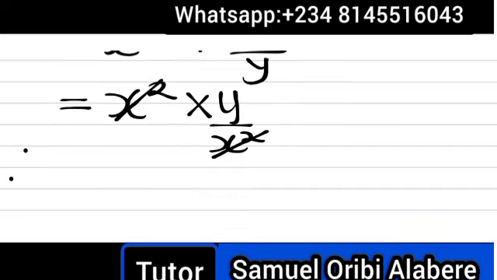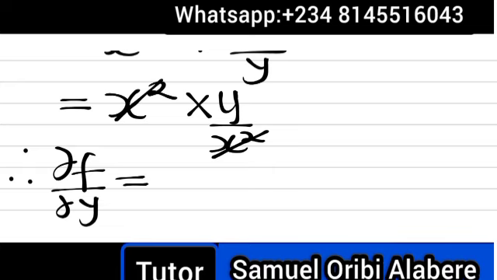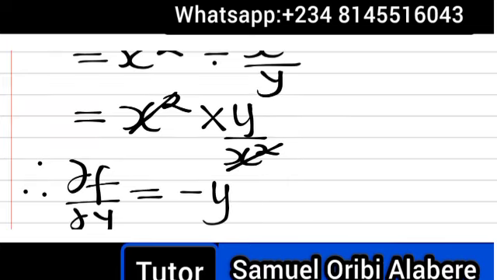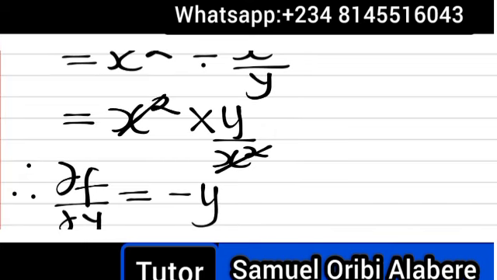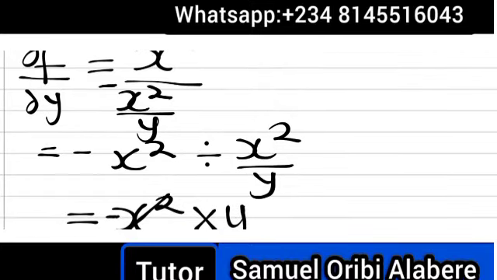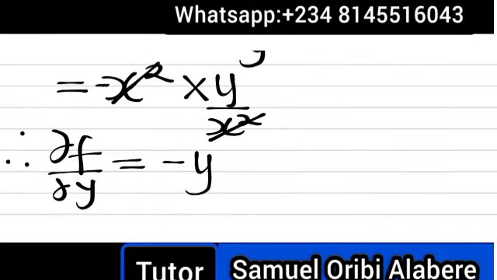So that is to say that therefore our partial derivative of f with respect to y would then be equals to negative y. So let's not forget to put that negative sign in all our workings. That's about it. So our partial derivative of f with respect to y will then be equals to negative y.